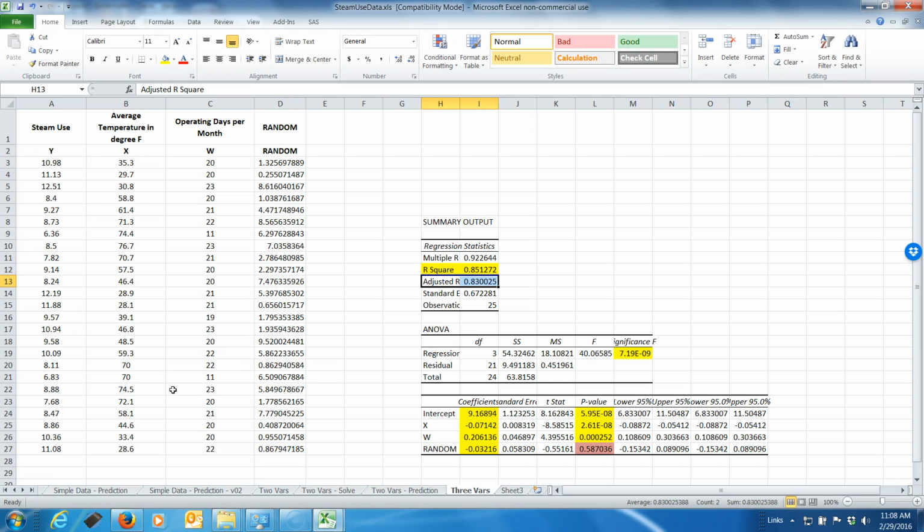Now, incidentally, it is statistically possible, if we were to keep creating random numbers, that every now and then you get lucky. So if you try this exercise at home and all of a sudden your adjusted r-squared value actually improves, that will happen on occasion. Occasionally you get lucky with these random variables, and even though you've thrown garbage into the model, you still might improve your adjusted r-squared.